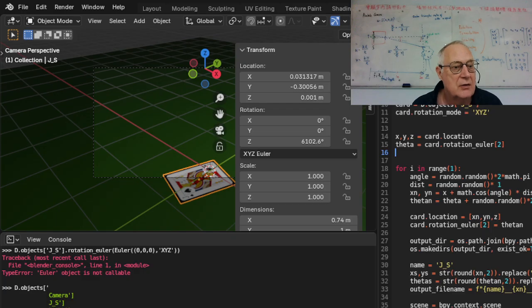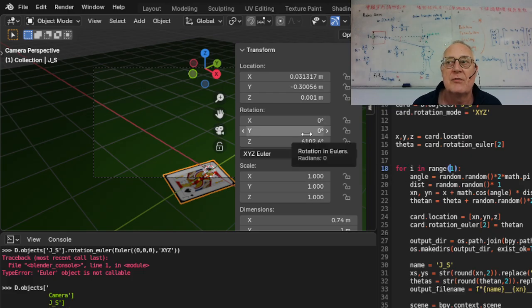And here now is the data. It's the jack of spades at x location 0.03, y location negative 0.3, and 106 degrees. Now, instead of running through the loop one time, I can run through 1,000 times. I get 1,000 different cards and their positions.